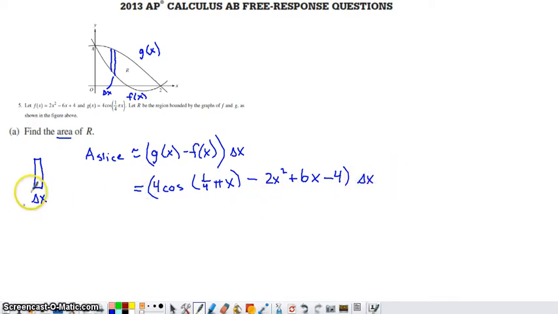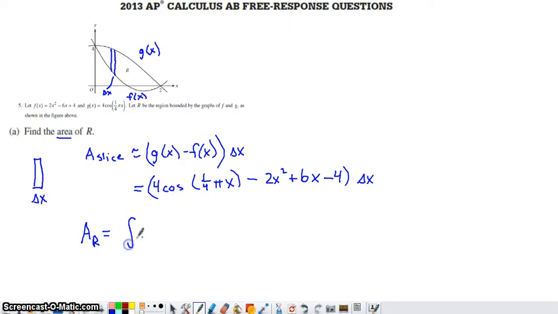We want to find the area of the region, meaning we're going to have to put a bunch of slices into this region, like the one that we just analyzed, and we're going to have to add together all of their areas. We're going to let the definite integral add together an infinite number of those areas for us by integrating this expression.